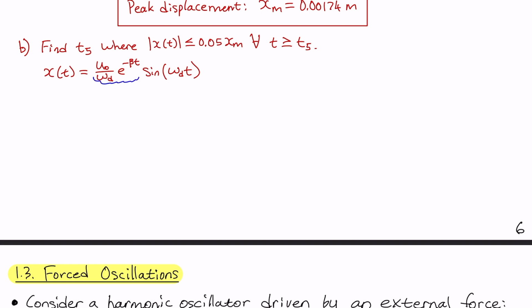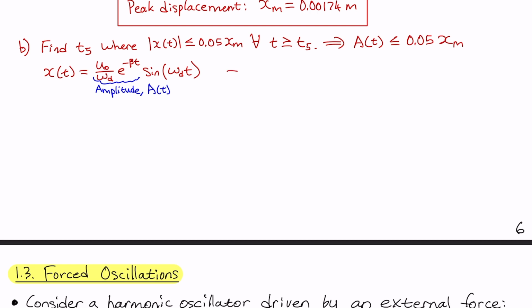So the part that I've just drawn the squiggle line under, that is our amplitude. Let's call it A of t. So this sentence up top translates into finding times where A is less than or equal to 0.05 times that peak displacement xm.